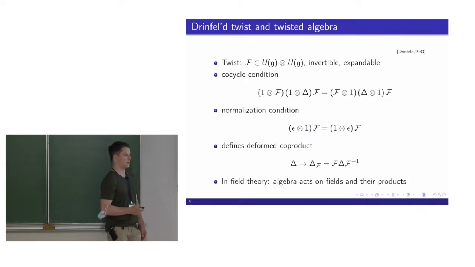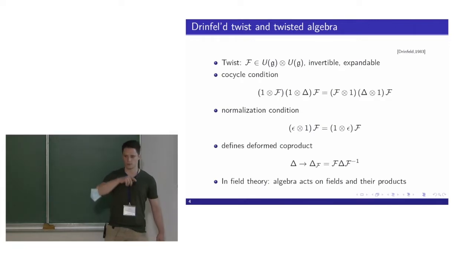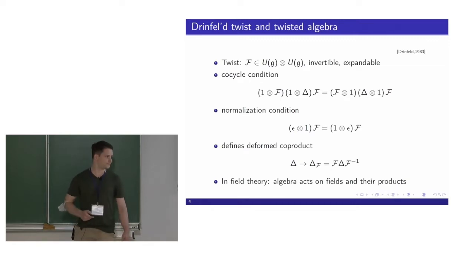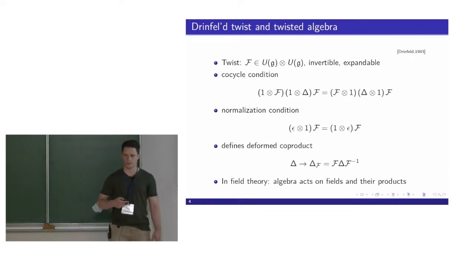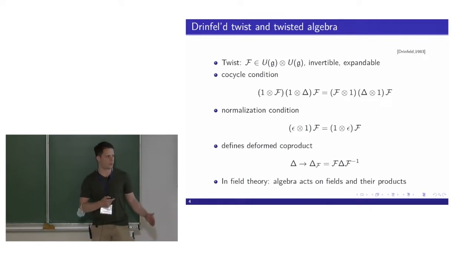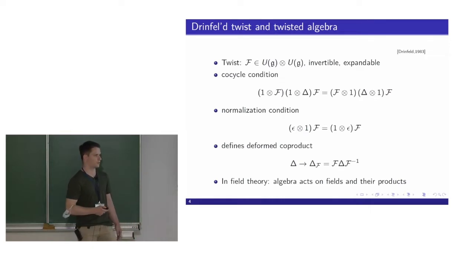We let the twist act on the canonical coproduct, acting on the inverse twist. We now want a theory that obeys this twisted Hopf algebra structure with this twisted coproduct, instead of the undeformed Hopf algebra structure with the undeformed canonical coproduct.